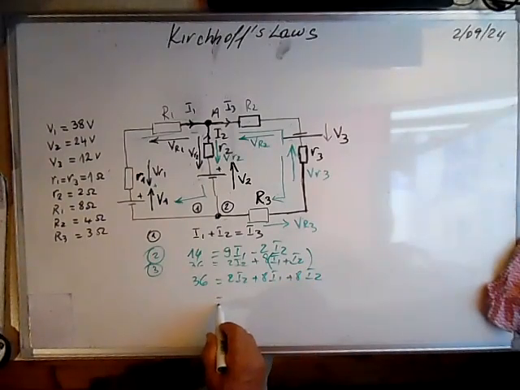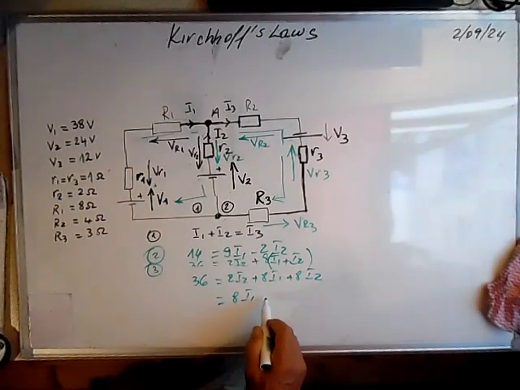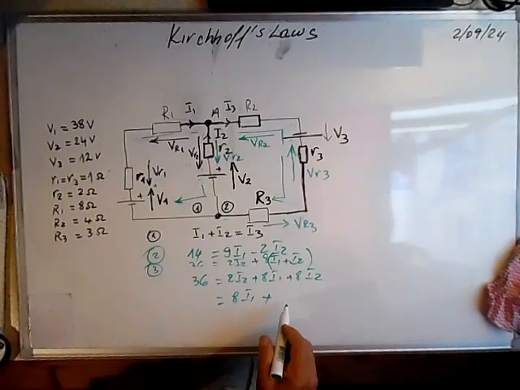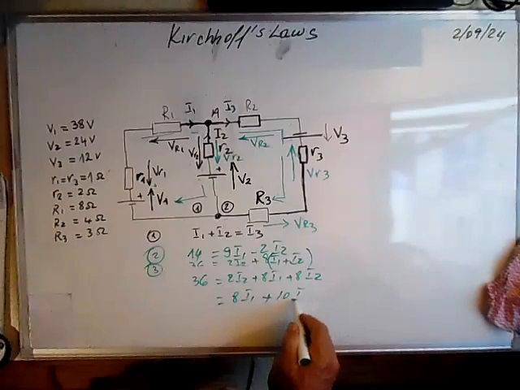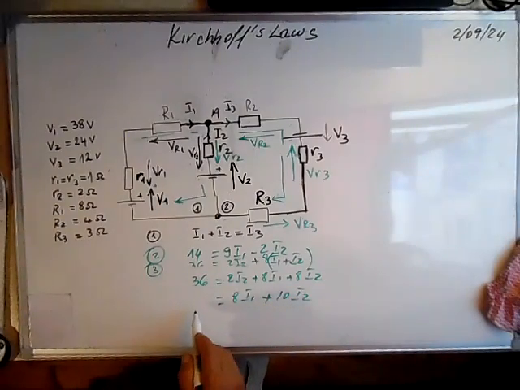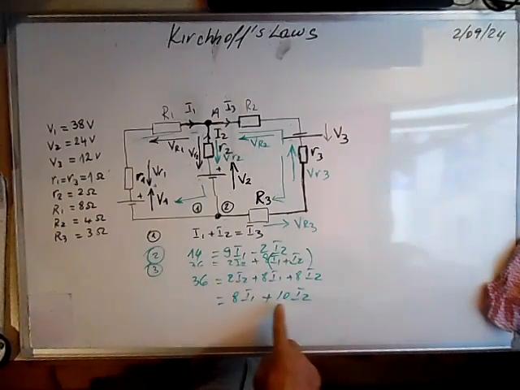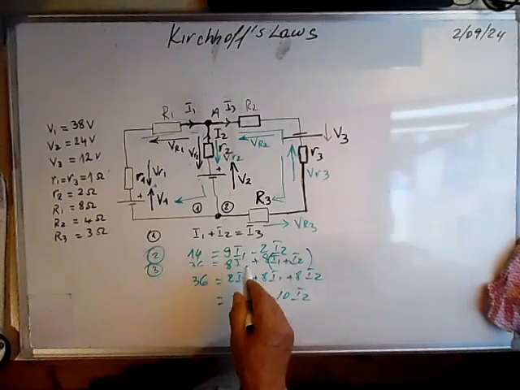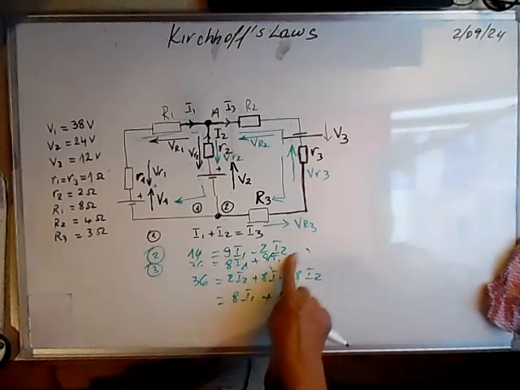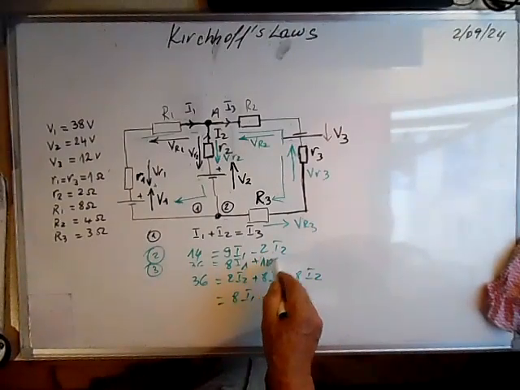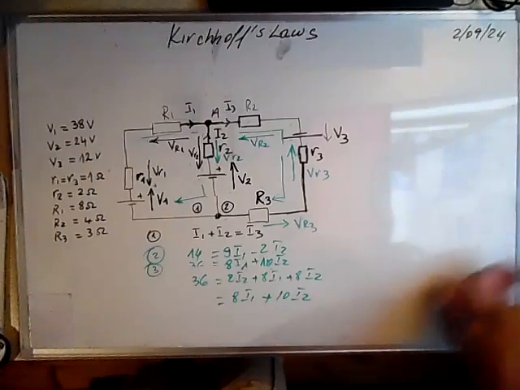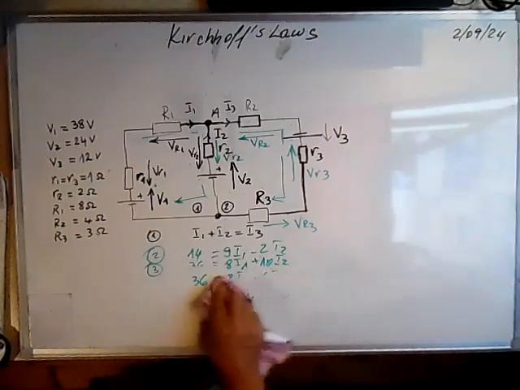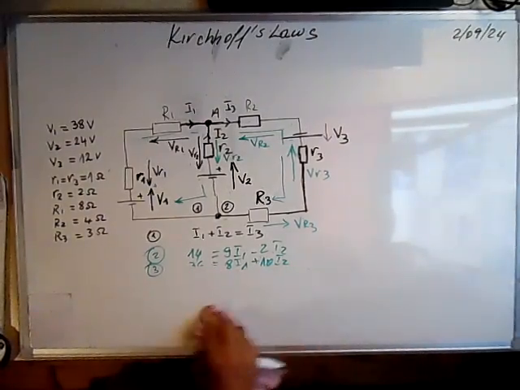This makes it 8I1 plus 10I2. So we have 36 is equal to 8I1 plus 10I2. And we have two equations, two unknowns, we can solve them.